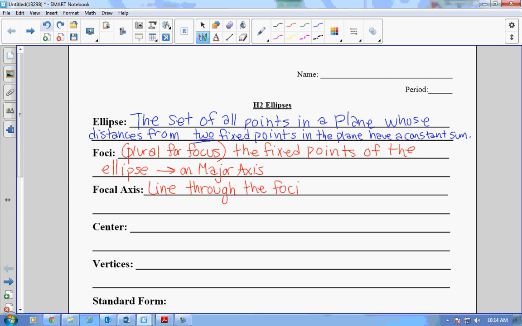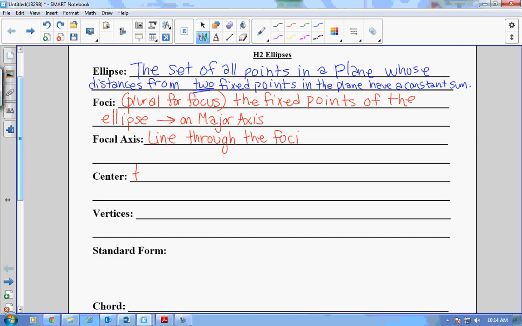Center of a circle, kind of the same deal as the center of the ellipse, is the point of the focal axis midway between the foci. We're going to draw pictures and label everything. Right now it probably feels like we're speaking a different language. You'll be okay.